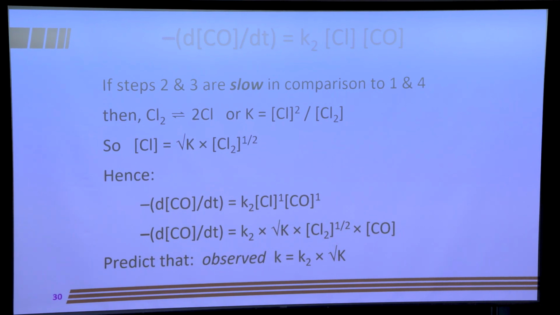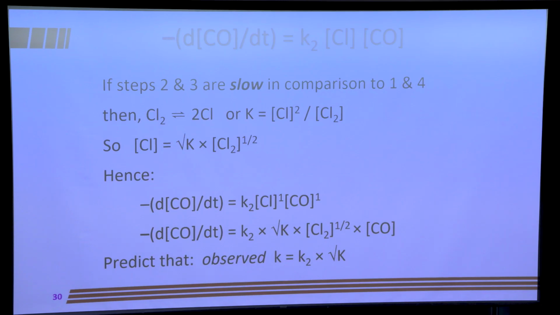So we have that for the Cl concentration. So actually the rate law is equal to the rate constant for reaction 2 times the square root of the equilibrium constant for Cl2 equilibrium times the square root of Cl2 concentration times the concentration of CO, right?